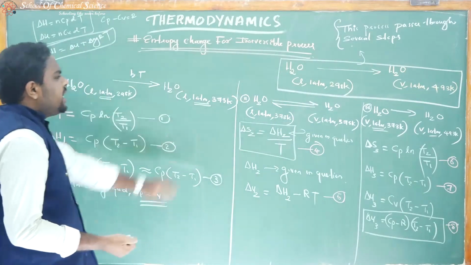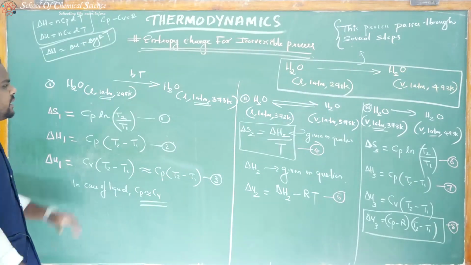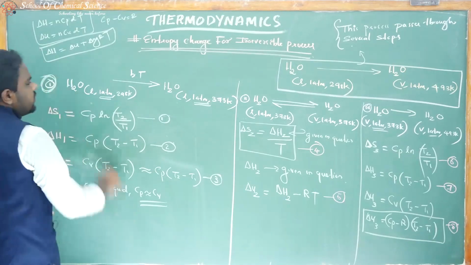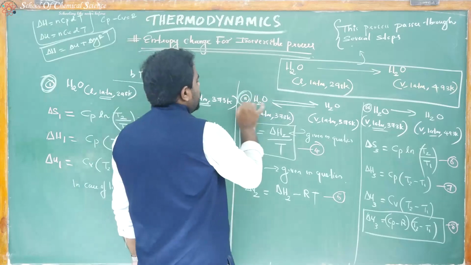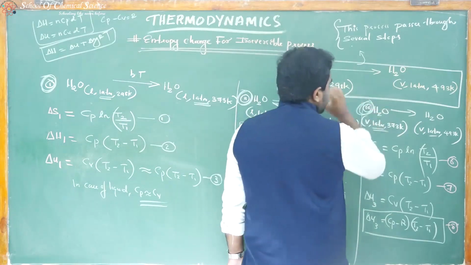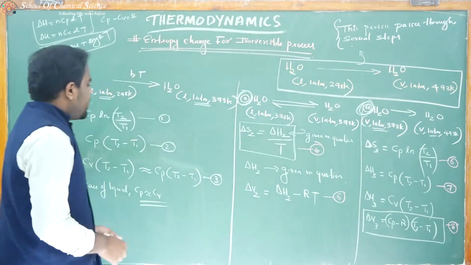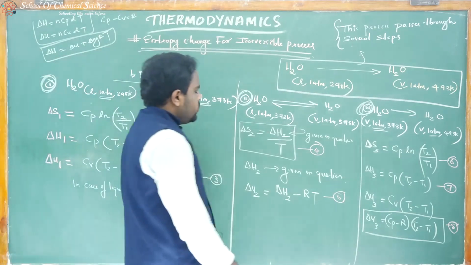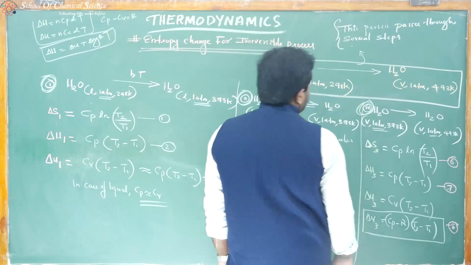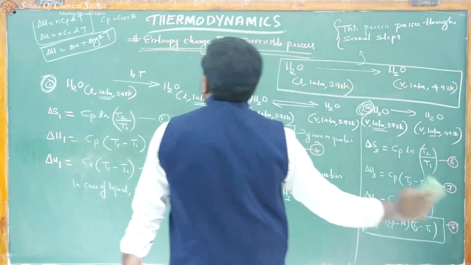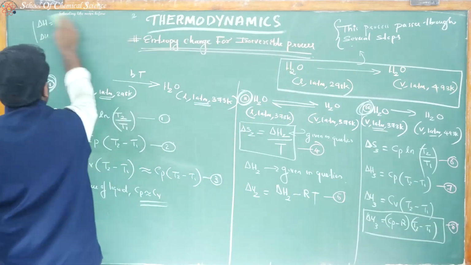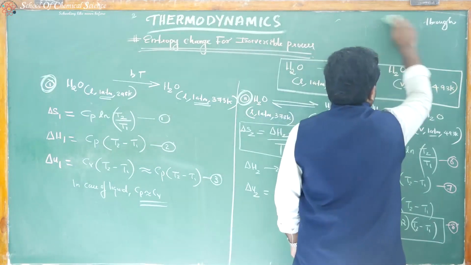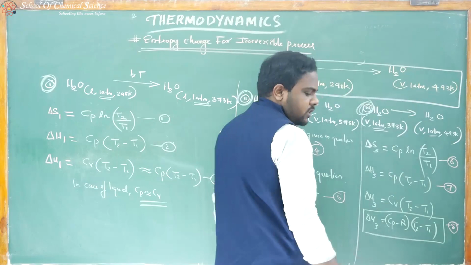So this complete process takes place in 3 steps. These are the 3 steps: step number 1, step number 2 and step number 3. In each step you can find delta S1, H1, U1, delta S2, H2, U2, delta S3, H3, U3. Finally, when you add all these three, you will get the entropy change for the total process.